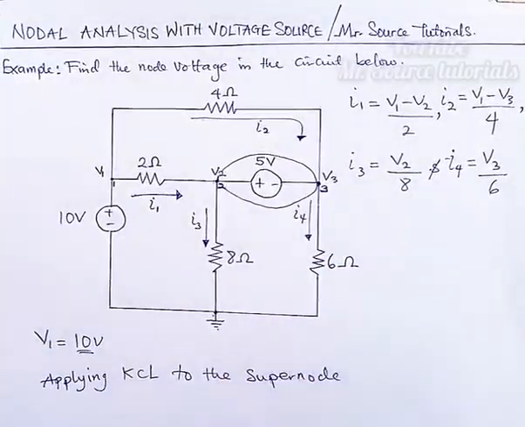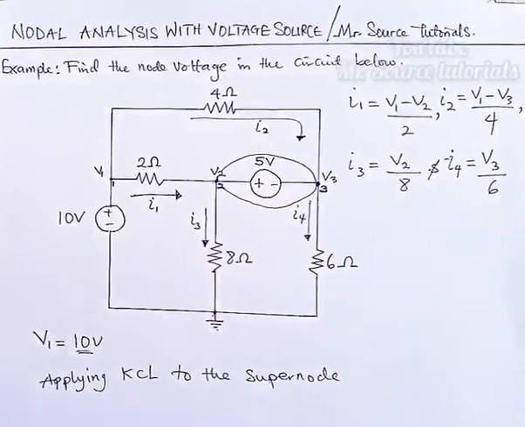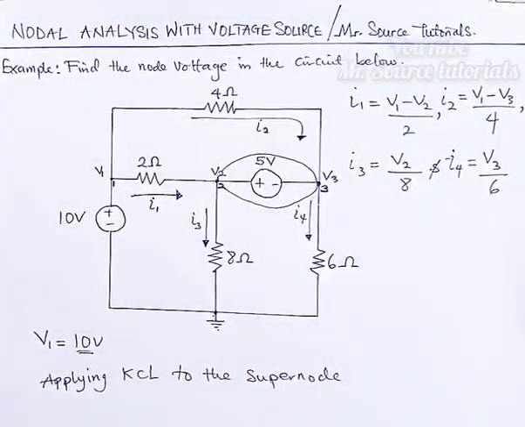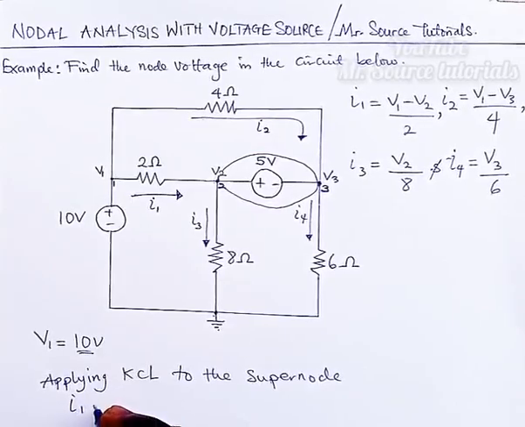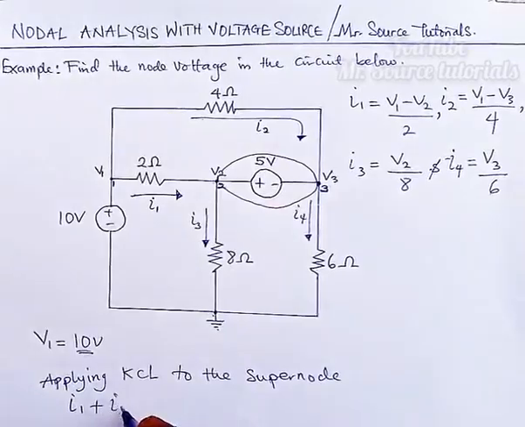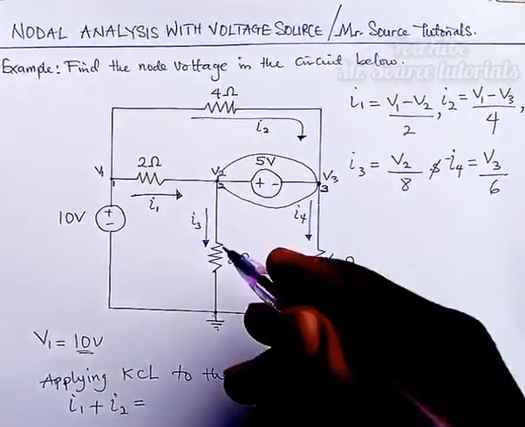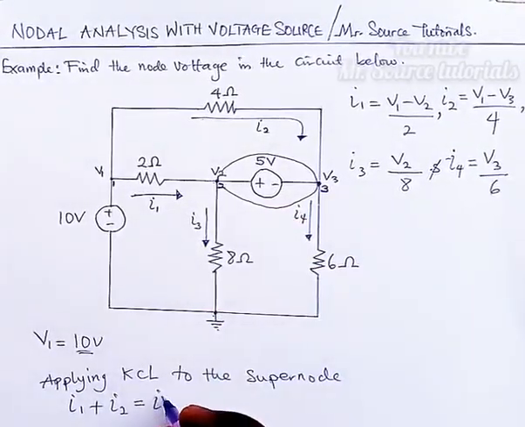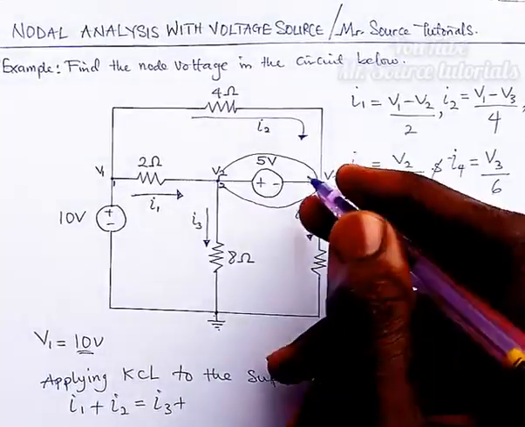Our eye is focusing on the supernode. So we say, deriving the KCL now, like what we did in one of our videos, I1 plus I2, which is going in, is equal to I3, which is going out, plus I4, which is going out.